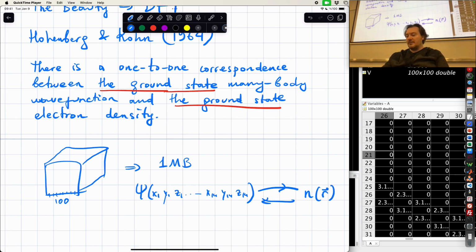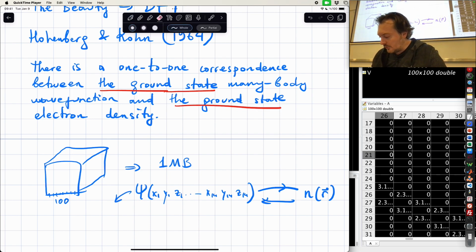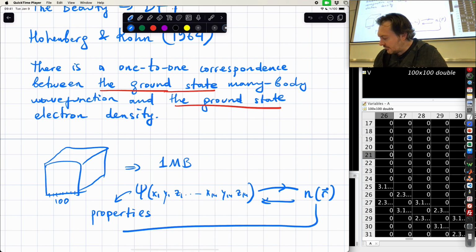Okay? What does it mean? Since this one determines the properties, it tells you that electron density should be responsible for all properties.